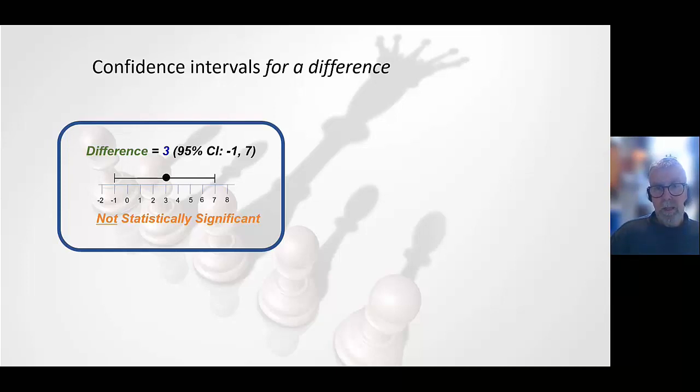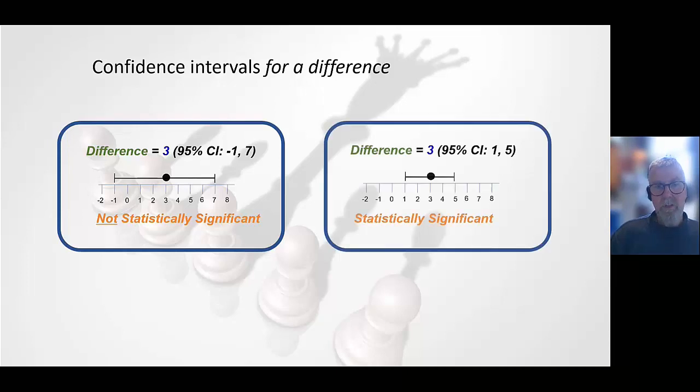On the other hand, if the 95% confidence interval does not include 0, then we can say that the results were unlikely to be due to the play of chance alone, and therefore that the results are statistically significant. And this is shown in this second example.